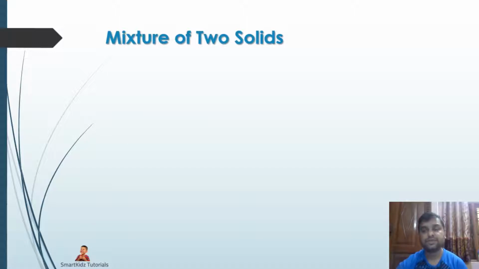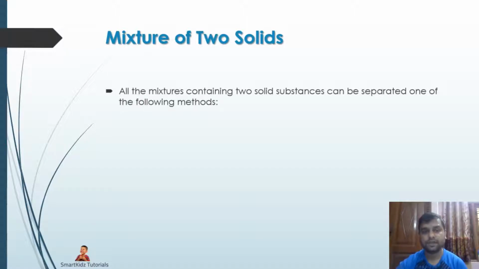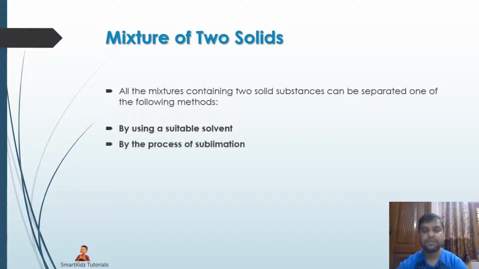Coming to mixture of two solids. Whenever a mixture contains two solids, it can be separated by one of these following methods. One is by using a suitable solvent. Second, by using the process of sublimation. And third would be by using a magnet. We'll cover each of these in the following slides.